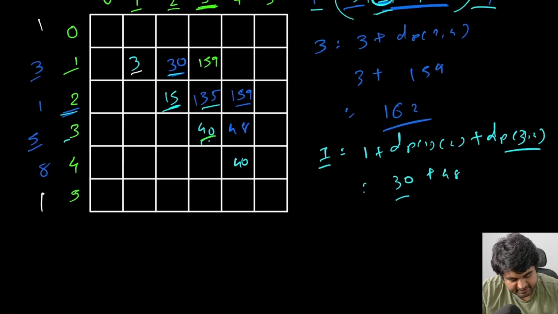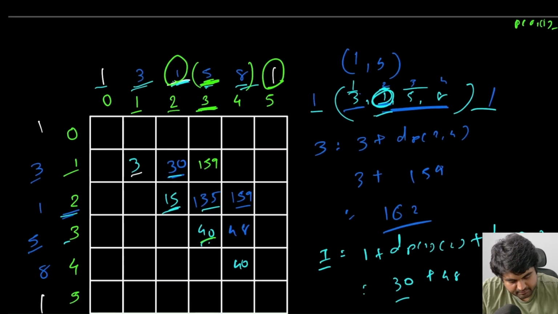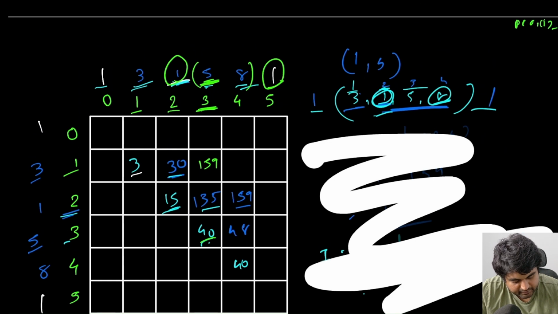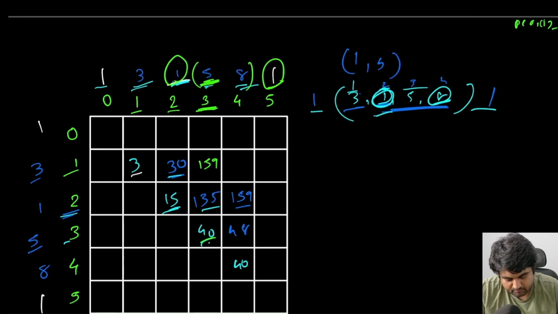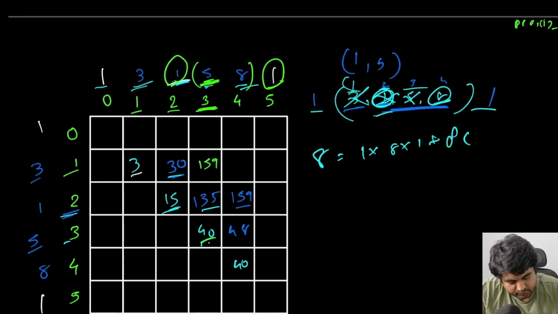If we keep on doing this, the maximum value we are going to get would be for value number 8, because remember, for value number 8, the multiplication would have been 8. Let me just clean this up a bit. I know that this video is getting super long, but it is what it is. For value number 8, the multiplication is going to be 1 multiplied by 8 multiplied by 1, ignoring all of these values, plus dp of range 1 to 3.